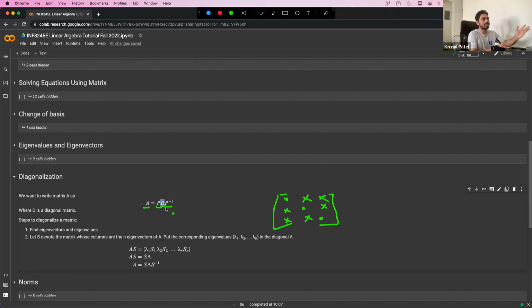So why do we want to do this kind of stuff? Let's imagine that we manage to find this P and D, and I want to find A to the power 3. How do we do this? I will do P D P inverse, that's 1. Second is P D P inverse, that's 2.